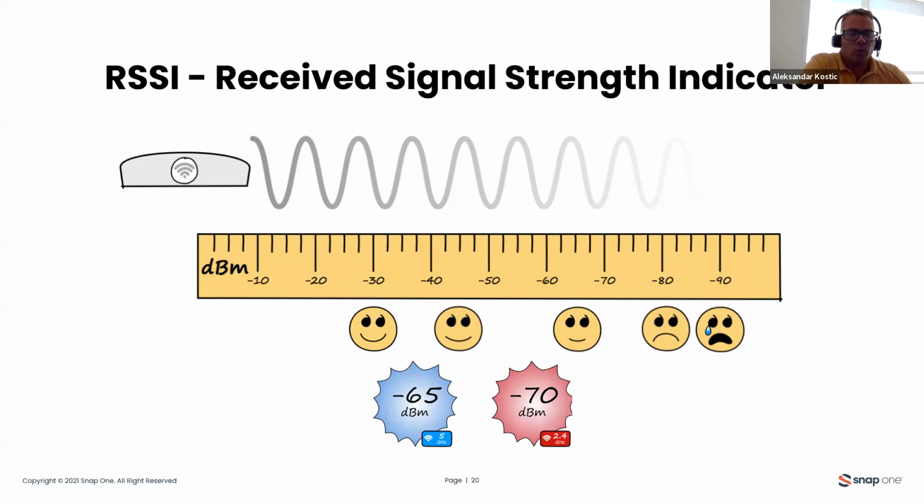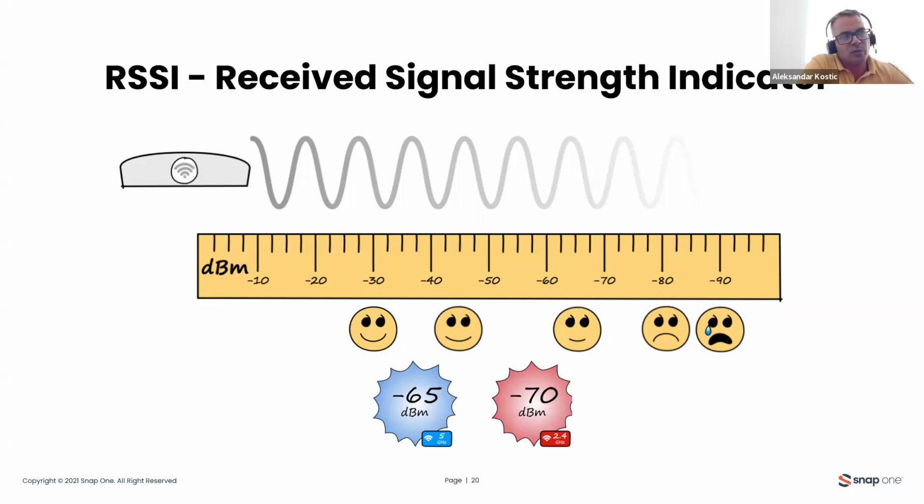So when we are doing some design and the site survey, if you would like to avoid some third-party Wi-Fi, we should look to place access points in positions where the surrounding Wi-Fi signal is below minus 80 or minus 90 or something like that, because those levels of signals are really non-functional, to say so.